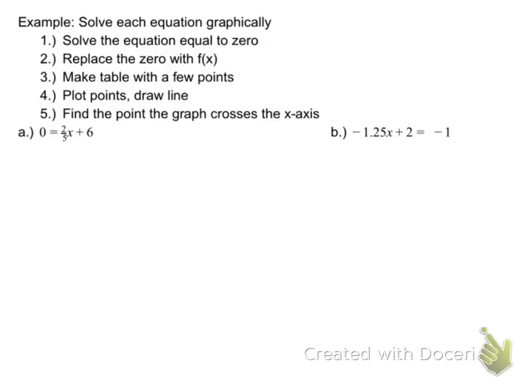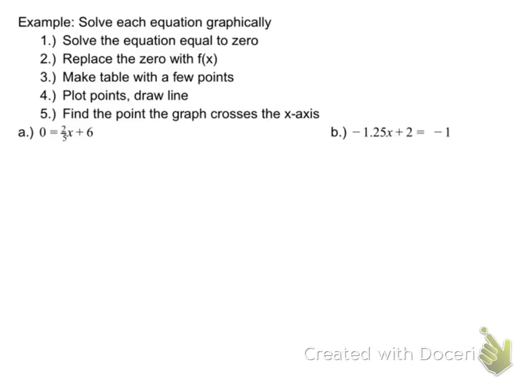Because that way, I now have an equation that I can solve, or graph, sorry, by making a table with a few points. Right? You only need a few points. Sometimes more is better.